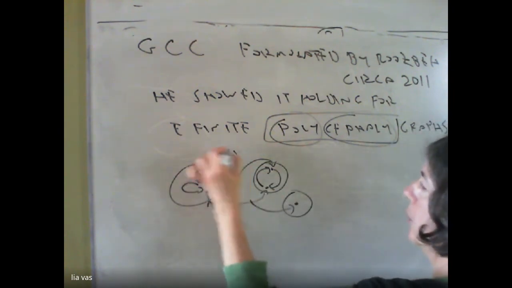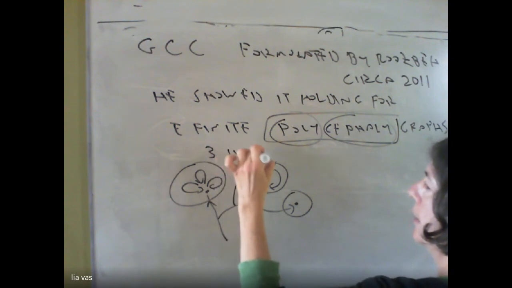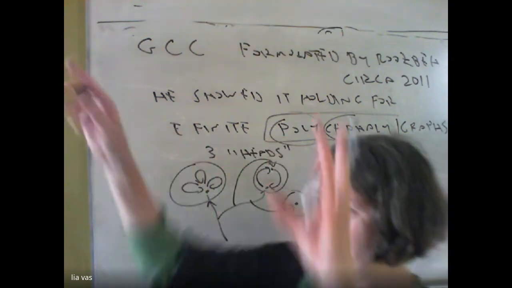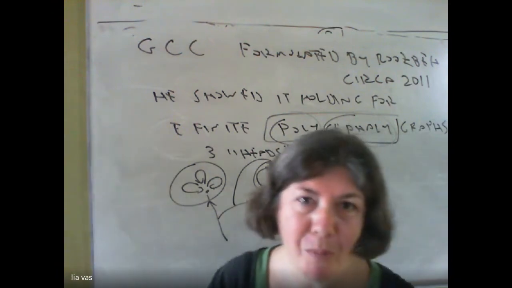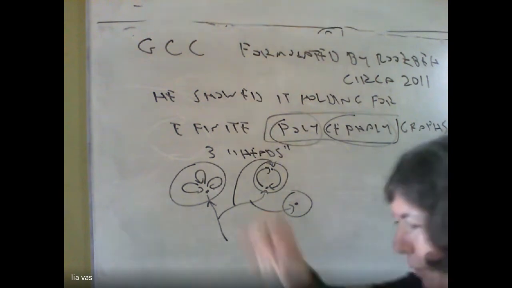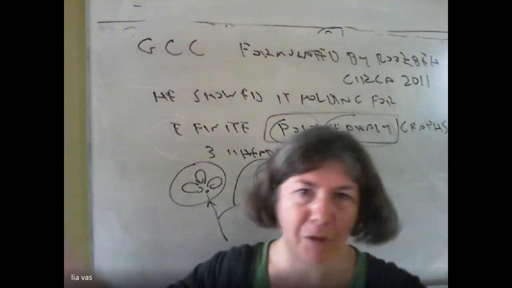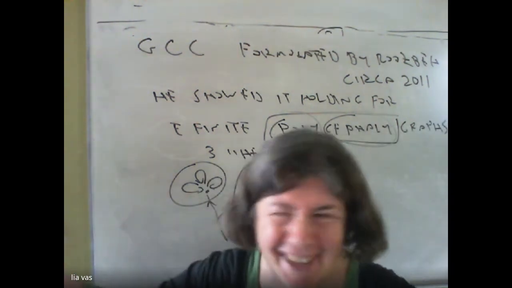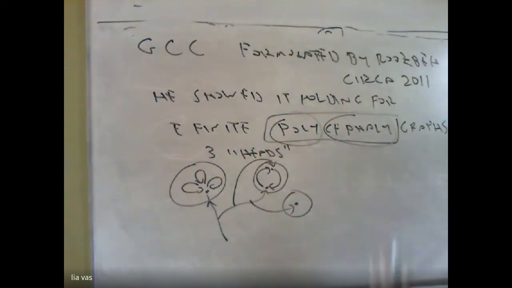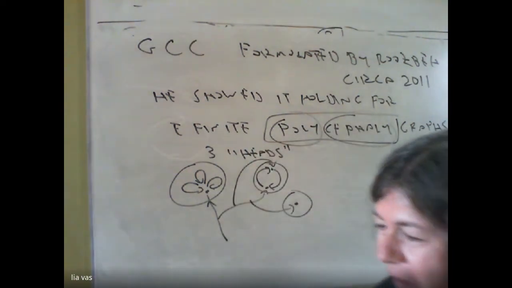So these 3 would be 3 heads here. So he's thinking multi-heads, that's why polycephaly. Because of these multi-heads, I always think of some type of dragon with many heads, and these graphs always look scary to me, but that's the name, that's how they are called.